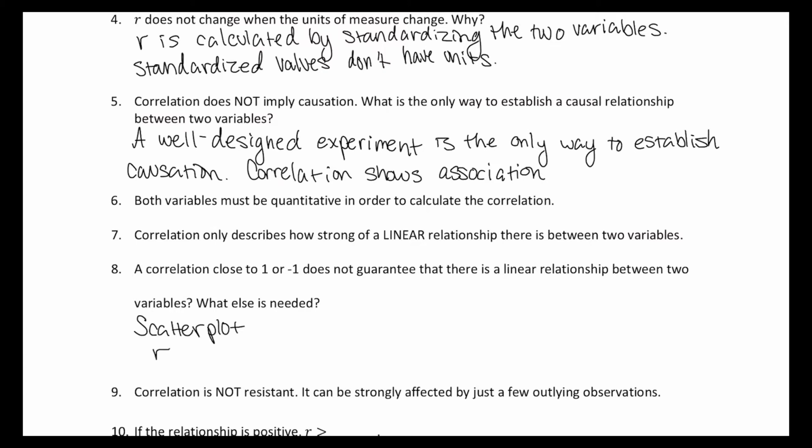We need to calculate R, the correlation, something called R squared, which we'll tackle in the next couple of lessons, something called a residual plot, something else we will look at, and we're going to need the statistics from both variables.